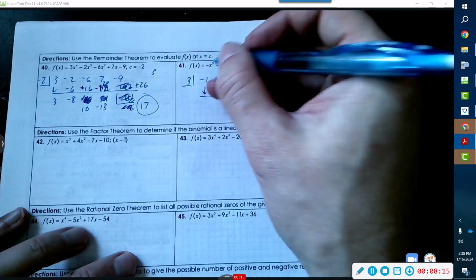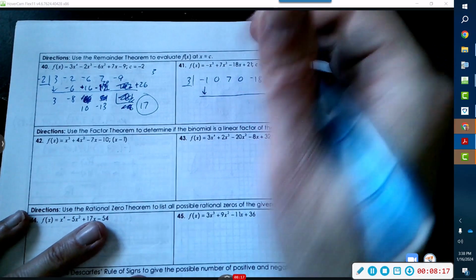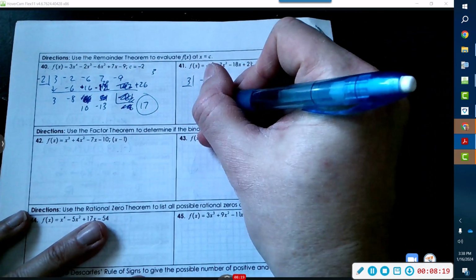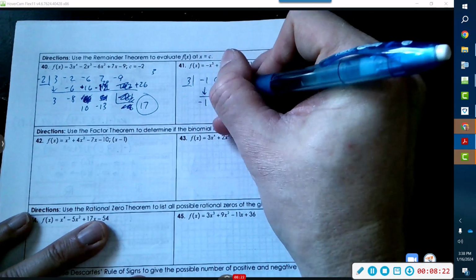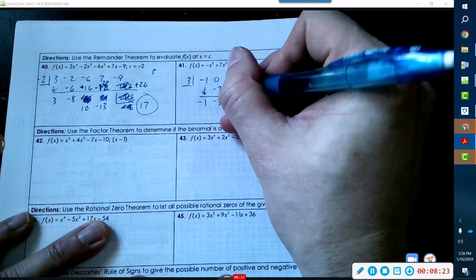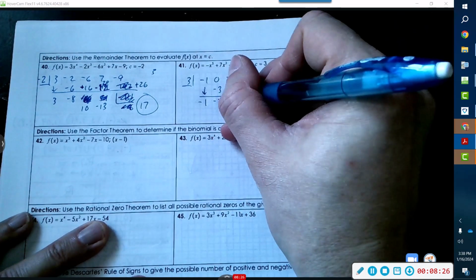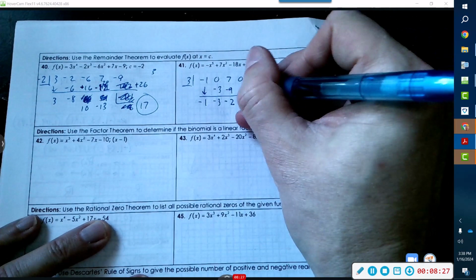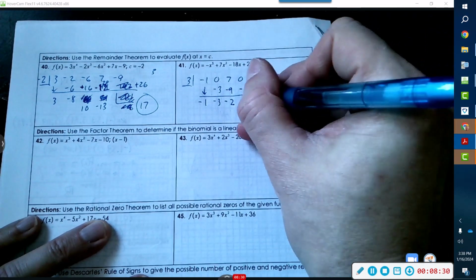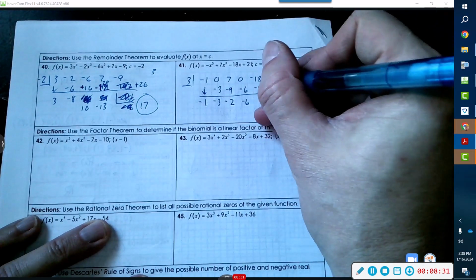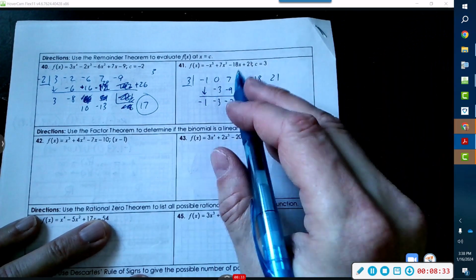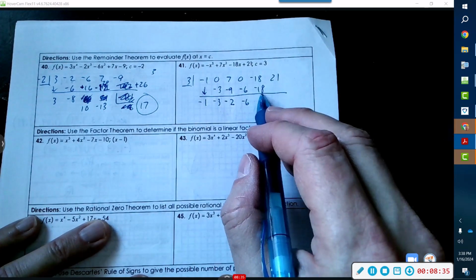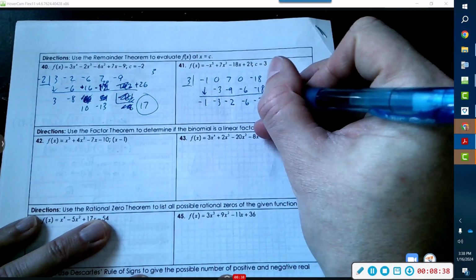Okay, so let's drop this. I'm going to be a lot more careful now. Negative 1, negative 3, add negative 3, multiply negative 9, add negative 2, multiply negative 6, add negative 6, negative 18. Okay, double check that in case it goes to 0. Nope. Okay, so that's negative 36.